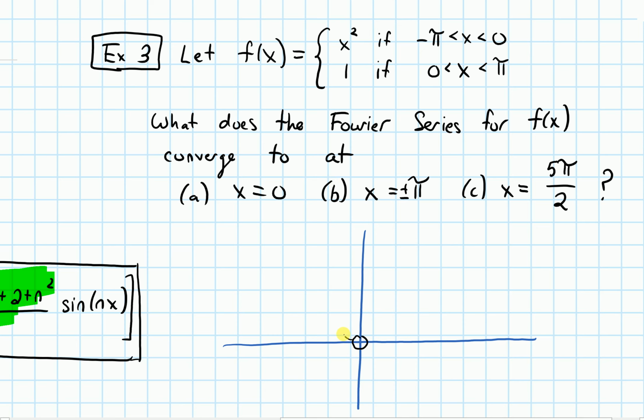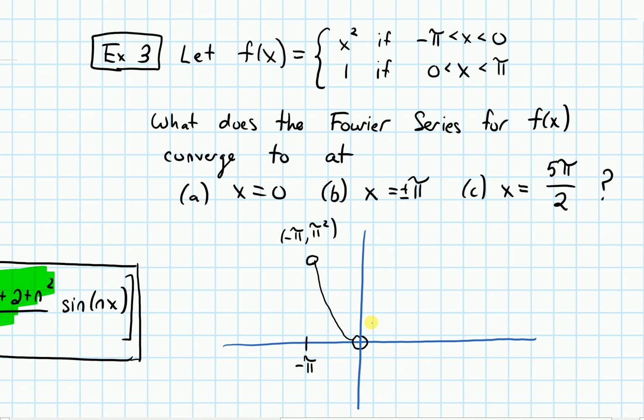It'll look something like this, like the graph of x squared. And then I stop when I reach negative pi in terms of what x is. Because x is not allowed to be equal to negative pi, we put an open circle here. So this is the point negative pi, pi squared.